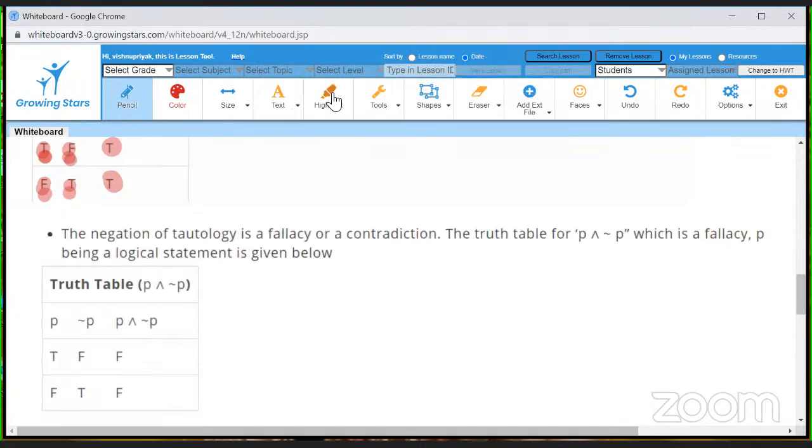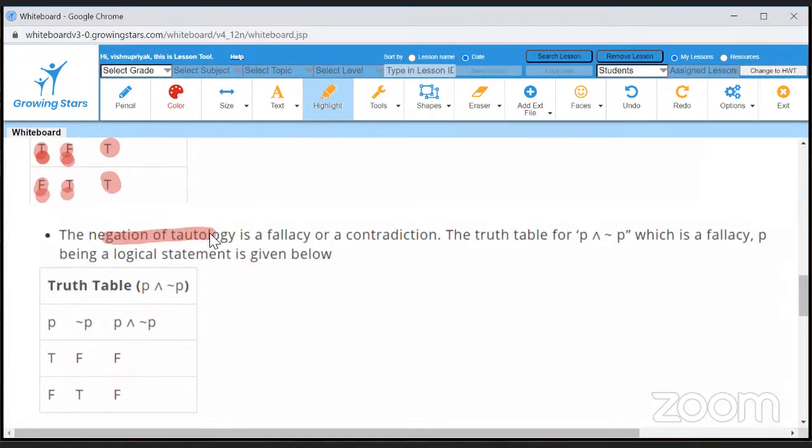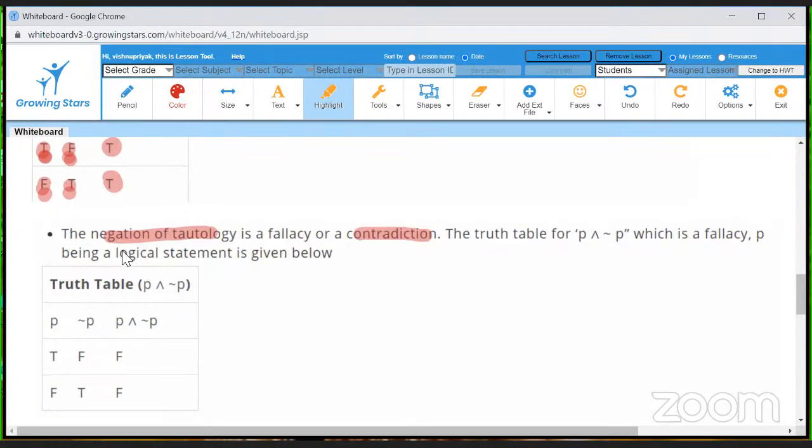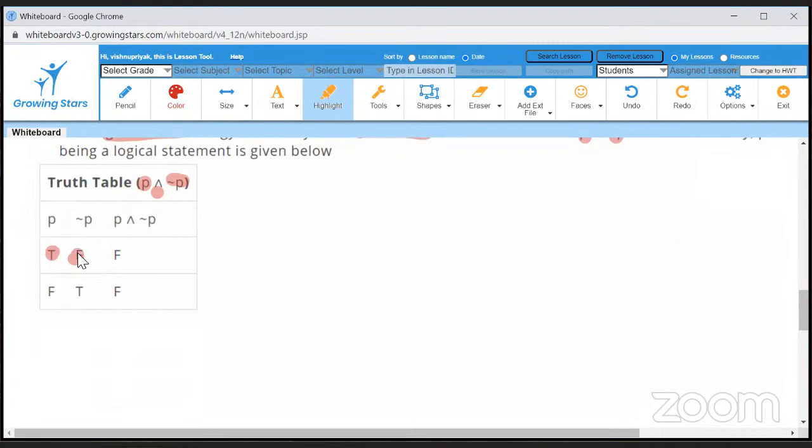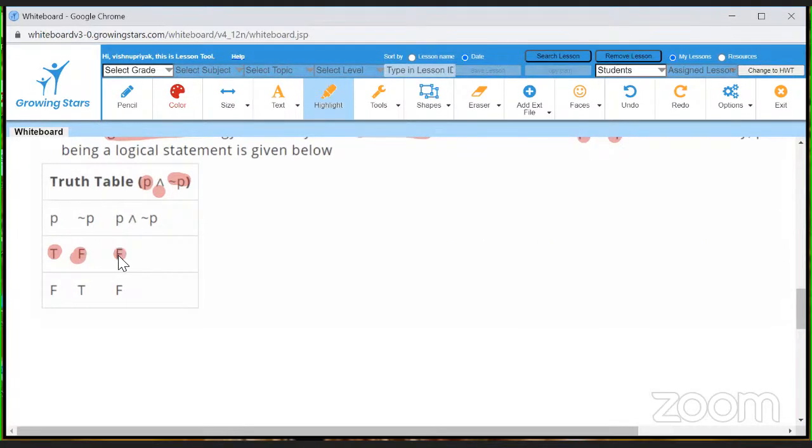Here, the negation of a tautology is a contradiction. You are taking P and not P, which is a contradiction, and you are writing the truth table for P and not P. So if P is true, not P is false, P and not P will be false.